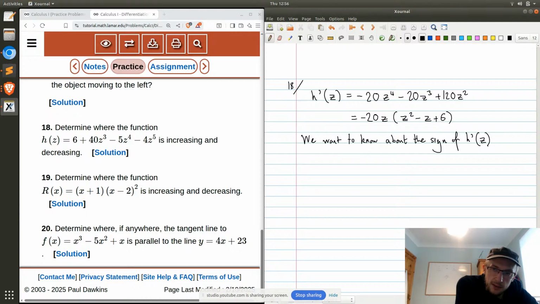But then the question is, does it have any roots? And yes, it must do. It must have a root of 0. But what do we do about this?